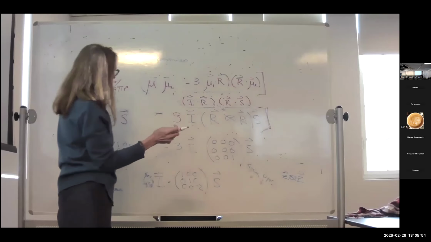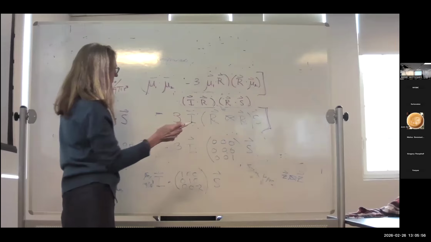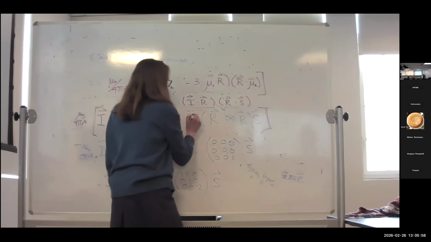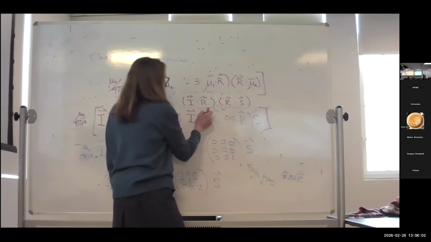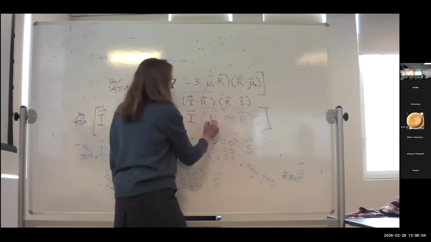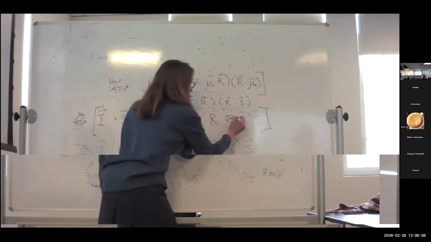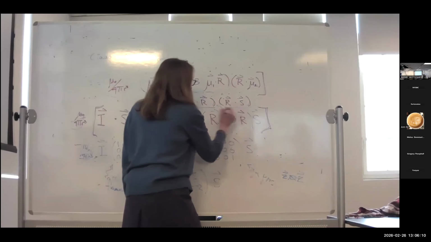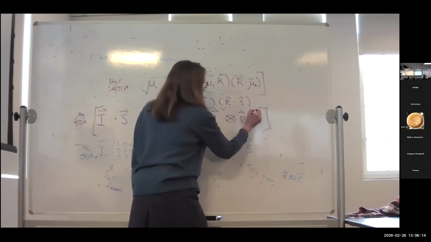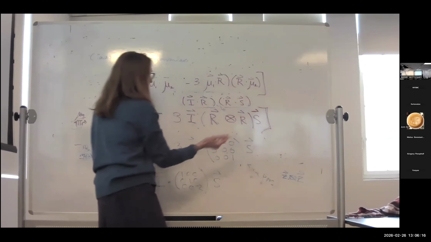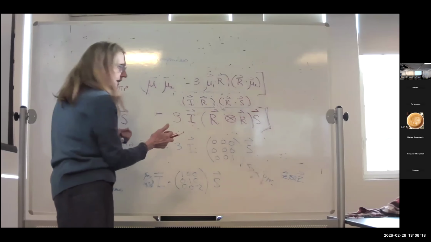Now, in a second, we're going to look at something where we can rewrite this, and it's absolutely equivalent to say, if I have I dot r and then r dot S, I can say I dot r outer product r dot S. I can regroup them like this. We're going to look at this property in a minute. But for the moment, you just have to take a leap of faith that I'm allowed to reconstitute it like that.